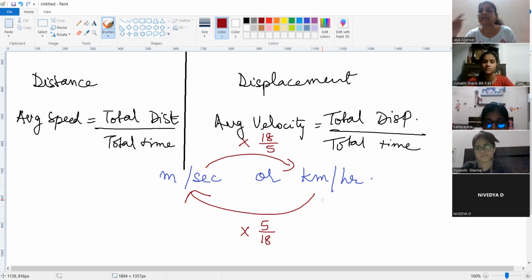You have to multiply small by big, that is 5 upon 18. Is the logic clear now? For those who can't remember which one to use: going from big to small, multiply by small over big. Going from small to big, do the opposite. This is the way to remember the conversion, which is going to be very crucial for you.